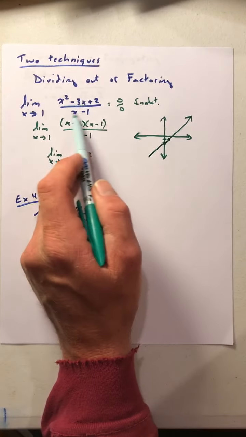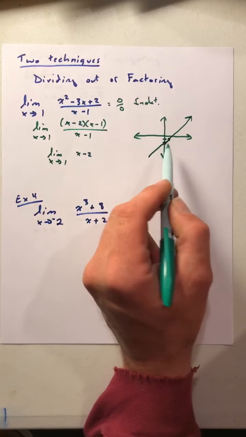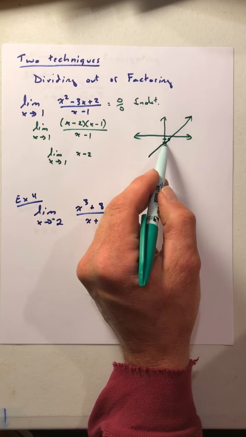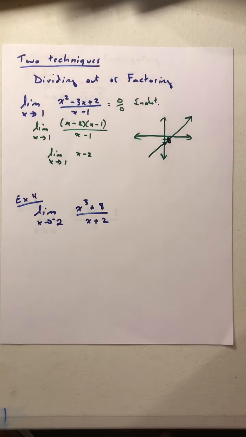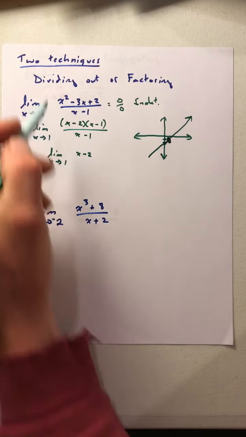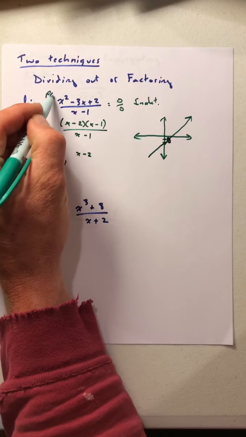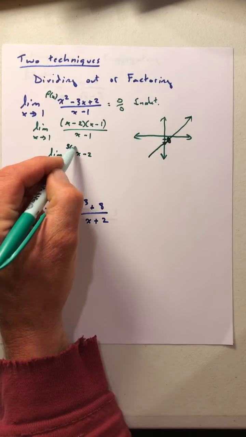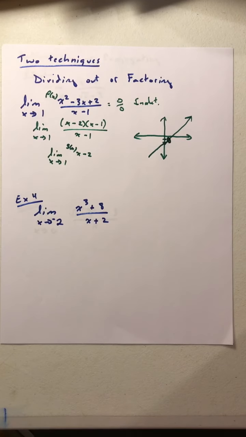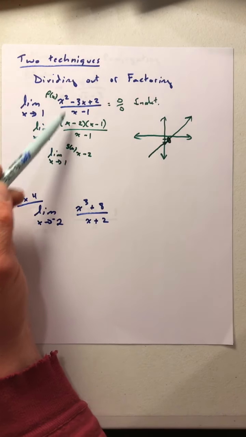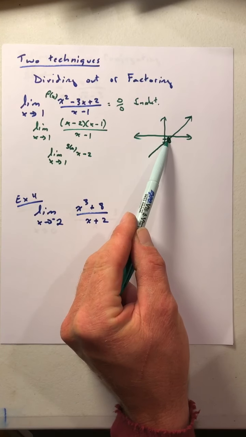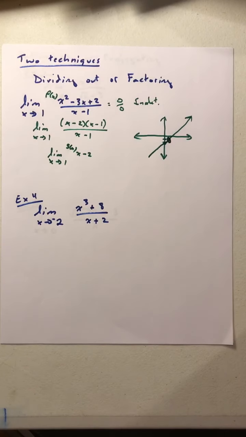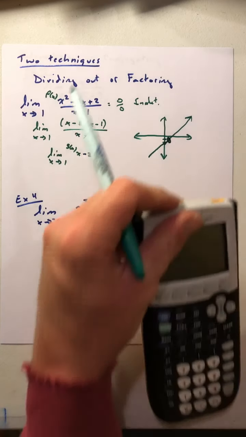But if I look at this rational function, I know that as x gets closer to 1, it is undefined. We have a hole there at 1. So my two functions here, we could call this f of x if you want, and we call this g of x if you want. I know that these two functions agree with each other because they're the exact same graph, except at that one point. Again, we could throw this into the calculator.